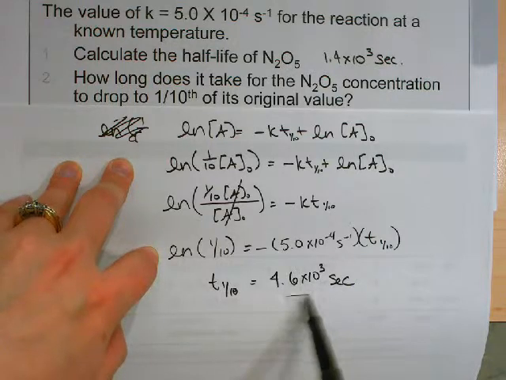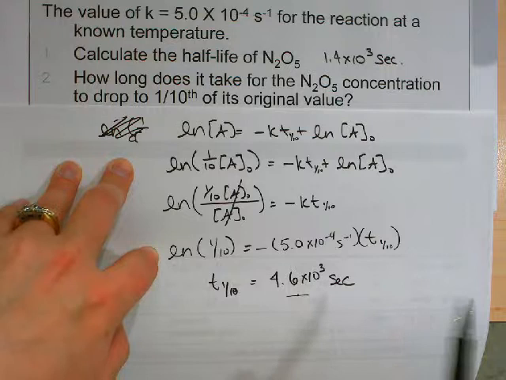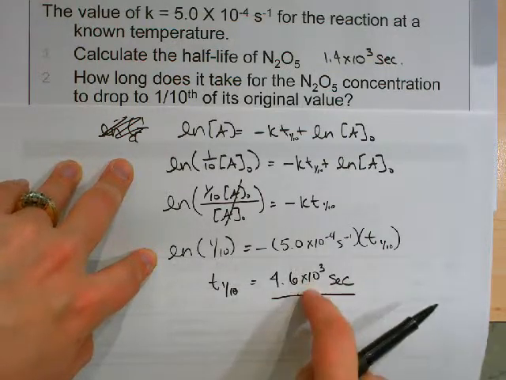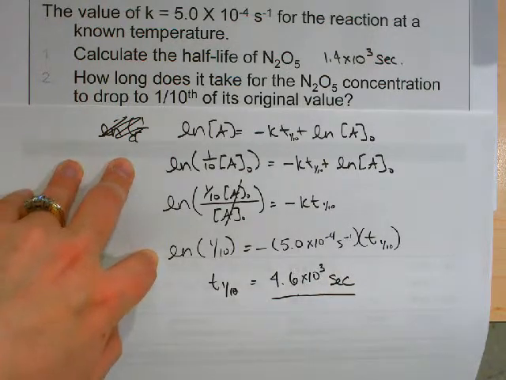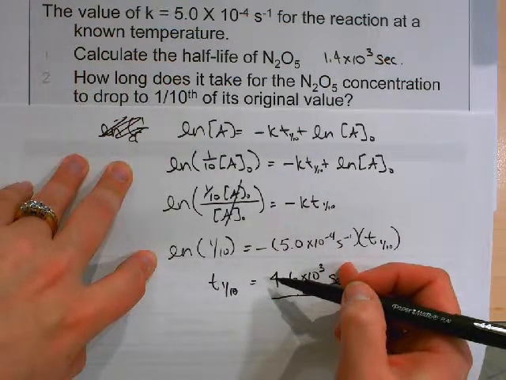Is this a bigger number or a smaller number? Bigger, right? Bigger number. Good. Alright, this number is a bigger number, which makes sense. It takes a longer time to get to the point where it's not just 50% left, it's only 10% left of your product.